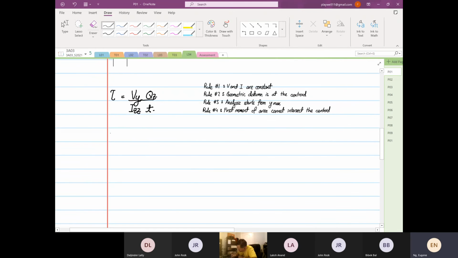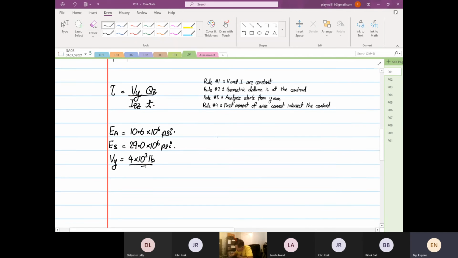Given that the Young's modulus of aluminum is equal to 10.6 times 10 to the power 6 psi, and the Young's modulus of steel is 29.0 times 10 to the power 6 psi, and the shear force is 4 times 10 to the power 3 pounds, I'm going to decide on using steel as the reference material.